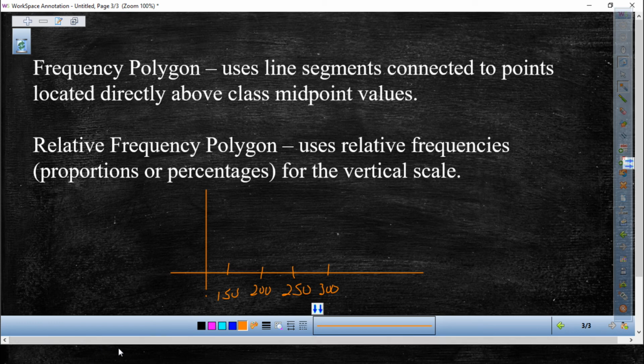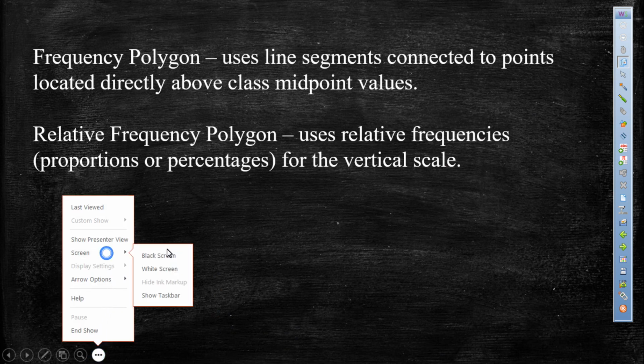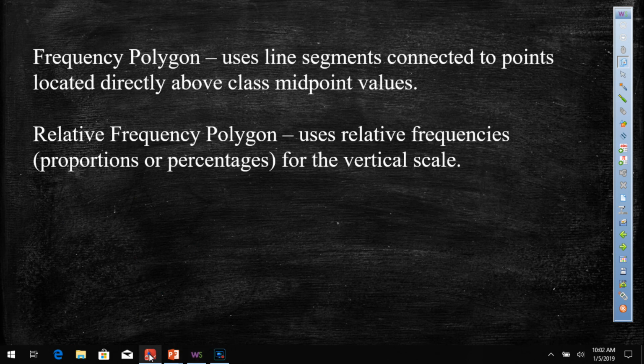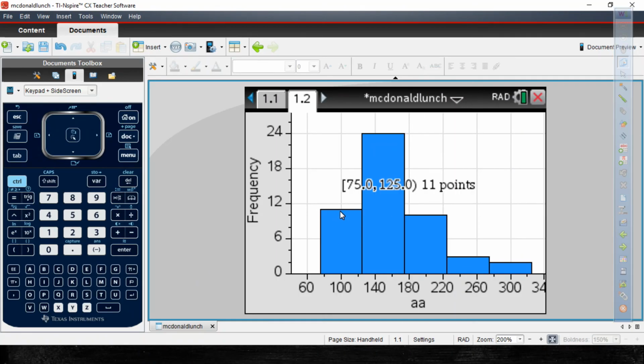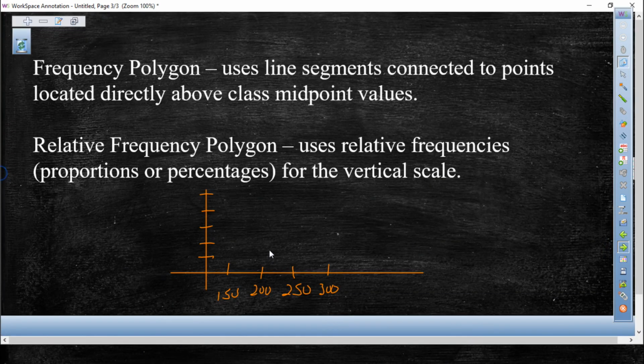And then we'll say this is 5, 10, 15, 20, 25. So we got 11, 24, 10, 3, and 2.